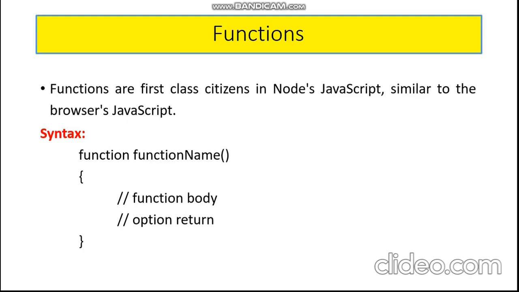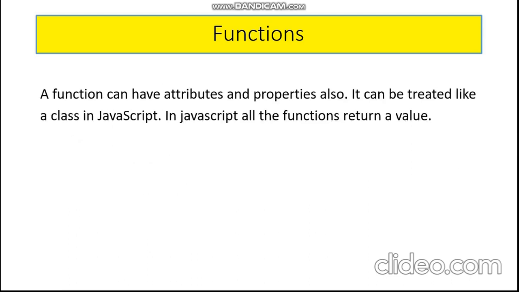Now the next point: a function can have attributes and properties also, so it can be treated like a class in JavaScript. In JavaScript, all functions return a value. Through one example, let's explain how we use a function as a class in JavaScript.